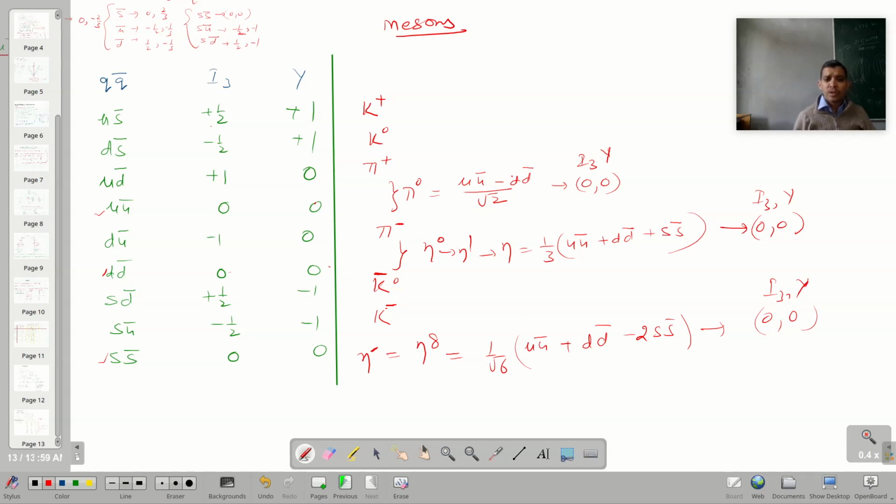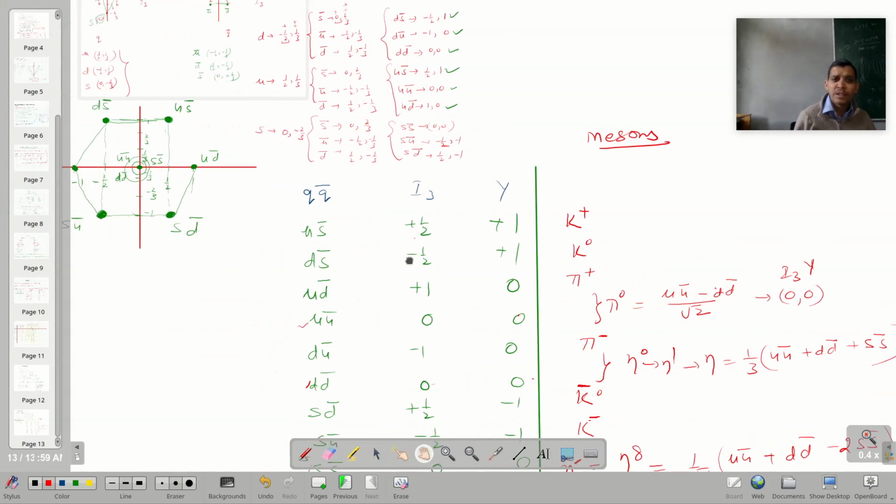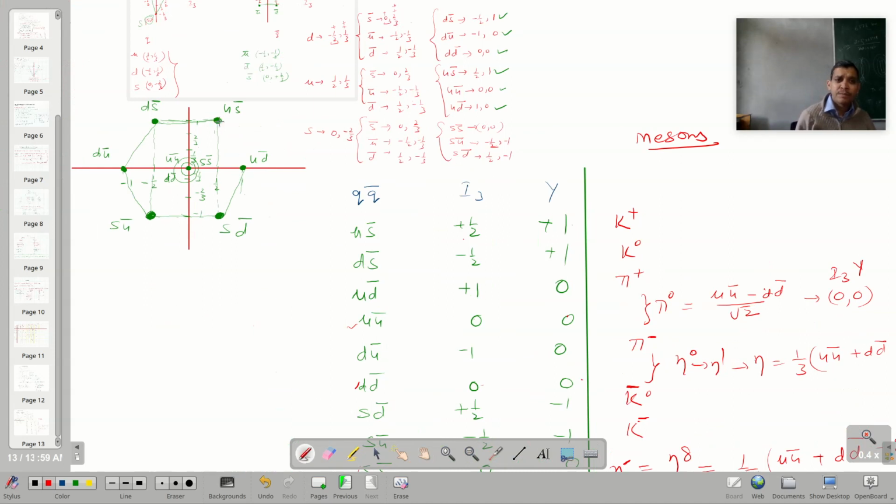So now if we look at this diagram, in a similar fashion we will define this octet or the nonet for the mesons, right? So in octet form they can be defined, or this can be plotted like this.